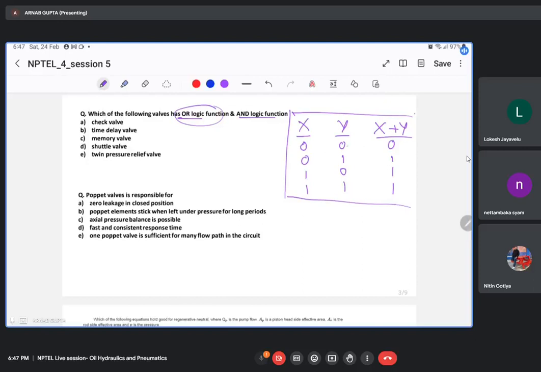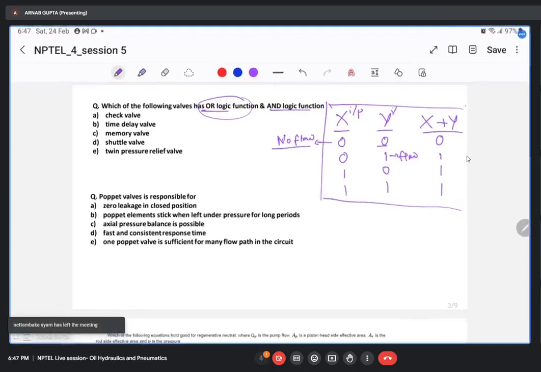So what does this mean basically? If zero here means there's no flow, one means there's a flow. Suppose there's no flow from both the input pathways, and this is your output pathway.